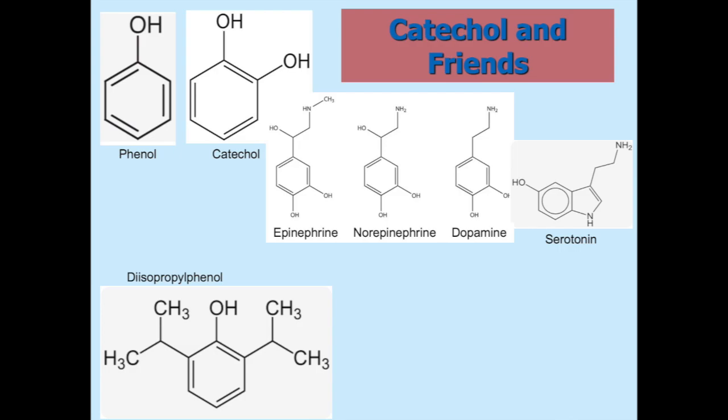You saw phenol at the very top of this diagram, but diisopropyl, so it's going to have 3 carbons and it's in an iso chain, so they're in the middle, not just long chains coming off, is the drug propofol. So that's how they got the name for propofol, as diisopropylphenol.